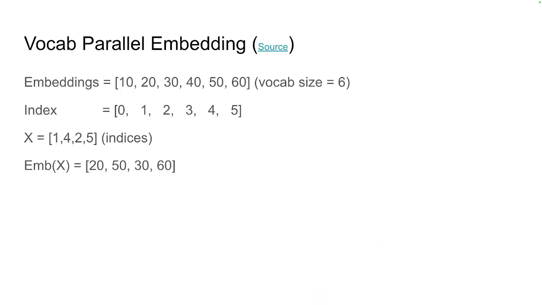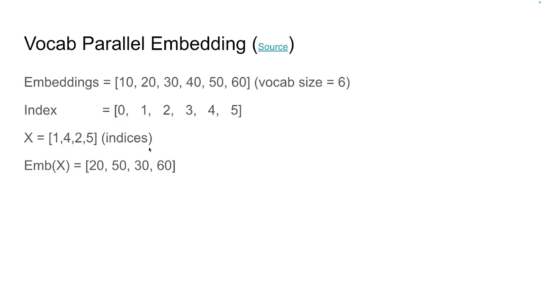In tensor parallelism, we call this the vocab parallel embedding. This example is also based on the example I saw in 49 Mom's video on tensor parallelism, which is a great video. Suppose you have a vocab size of 6, so six embeddings in your vocab, with indices 0, 1, 2, 3, 4, 5.